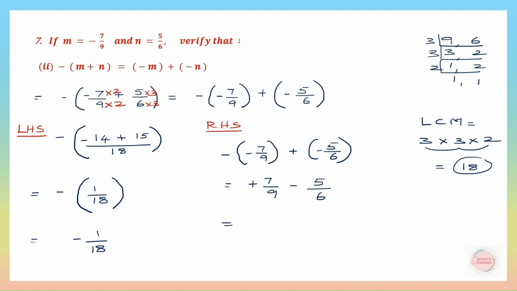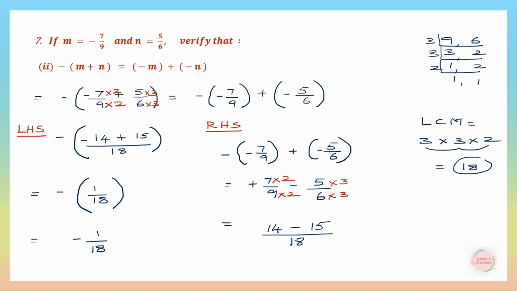So let's use that. So this is going to be 18. Now look at the first rational number, it's 7 by 9. Let's multiply this by 2. 9 2s are 18, so 7 2s are 14. So here we have 14 minus, the next one is 6 3s are 18, so multiply 5 also by 3. 5 3s are 15.